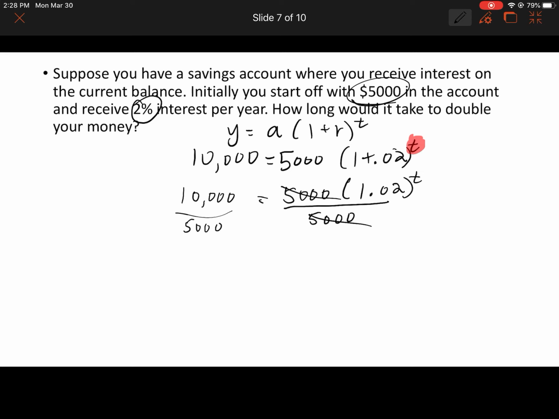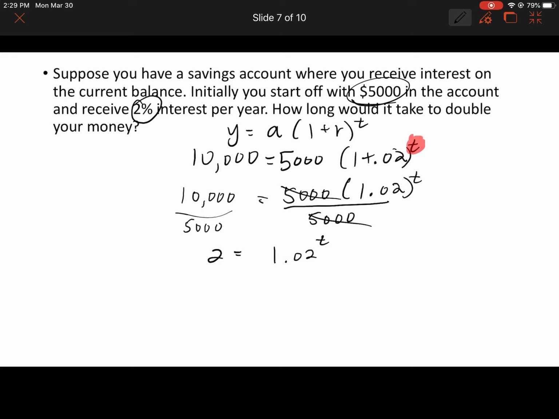So it just goes away. It reduces itself. Okay, now 10,000 divided by 5,000, well, that's equal to 2. So 1.02. You don't really need the parentheses here, so I'm just not going to write them down. But if you want to have them there, you can. Doesn't quite matter. Okay, so we have 2 equals 1.02 to the power of t.